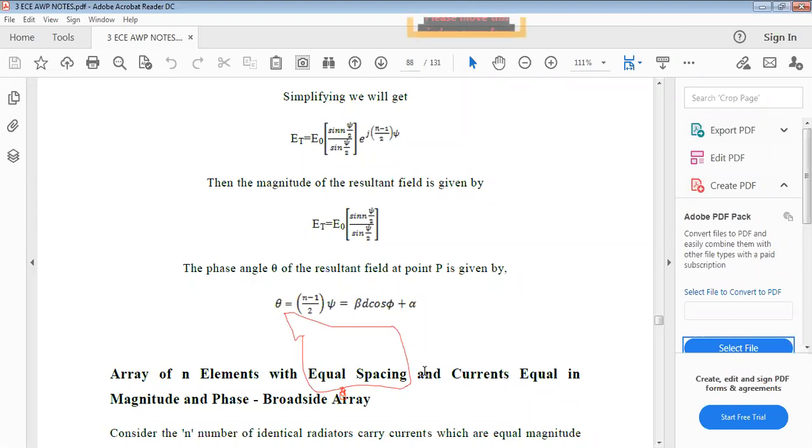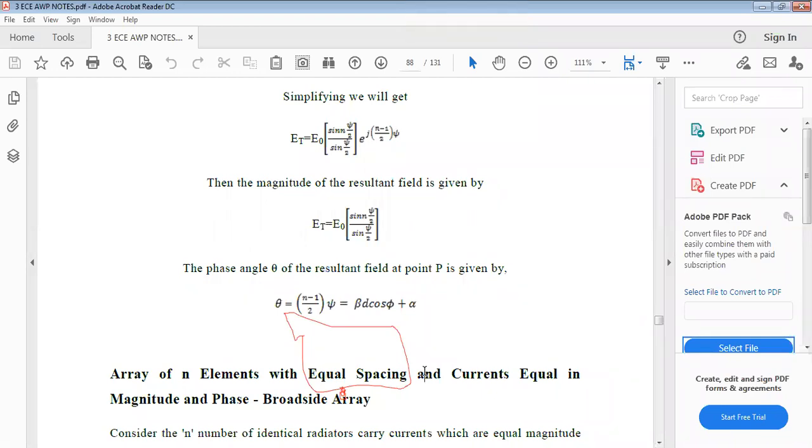But what is the key difference between broadside array and end fire array? In broadside array, the maximum radiation occurs perpendicular to the axis of array. The axis of array is quite different from the antenna element axis. Similarly, for end fire array, maximum radiation occurs along the axis of array.